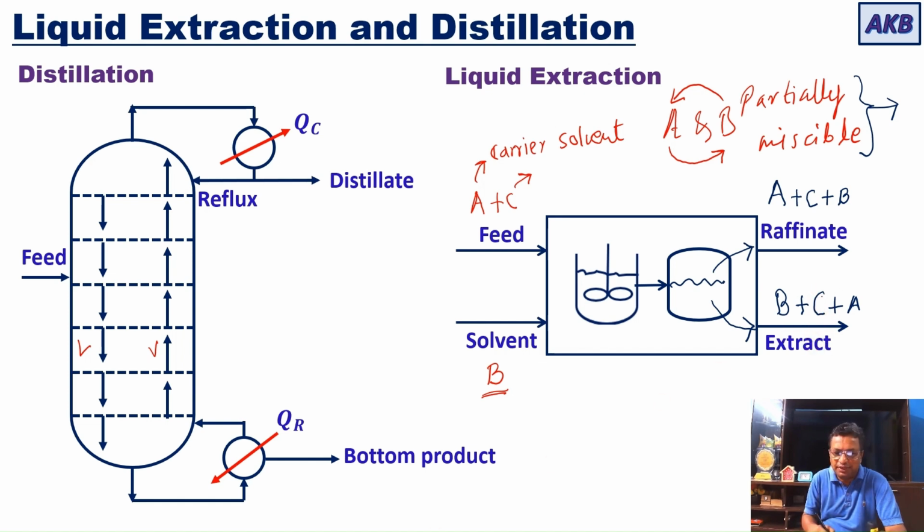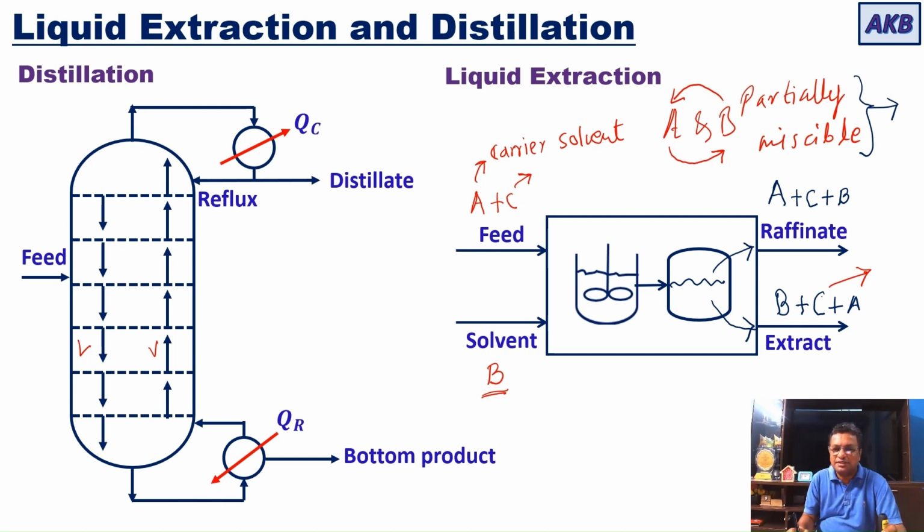But what we get at the end of the operation is a solution of C. And we need to separate C from this solution. And for separating C from B, which is the major component, we have to use distillation.